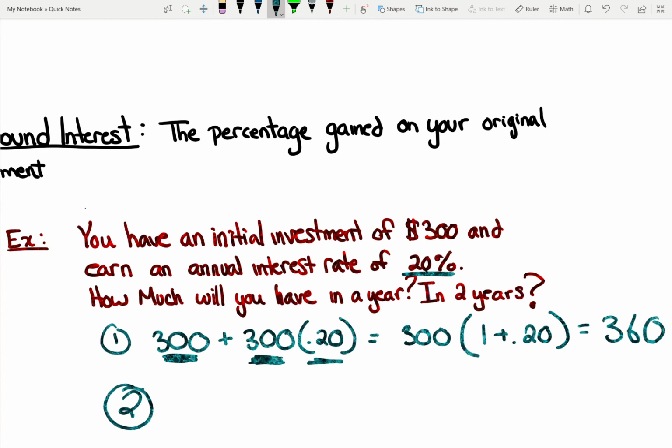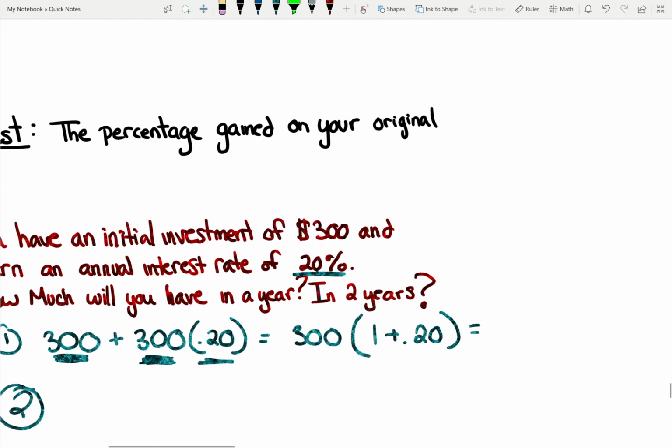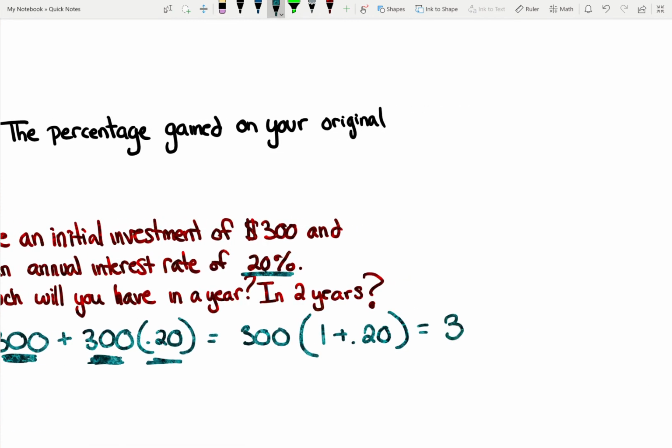So the total I'll have at the end of the year is 300 plus 300 times 0.2. What I'm going to do here is factor out this 300, and it's going to look a little bit simpler, a little neater. Before we write the 360, I'll write it like this: 300 times 1.2.